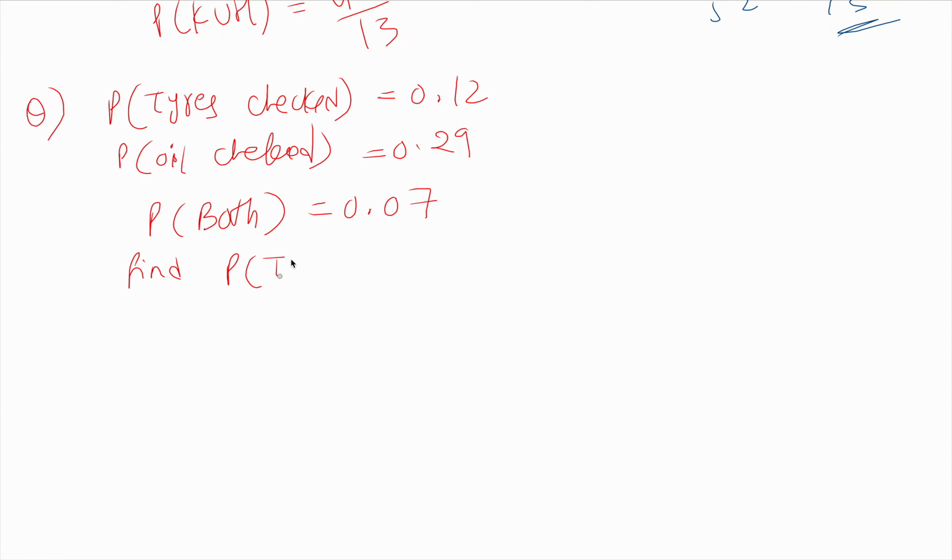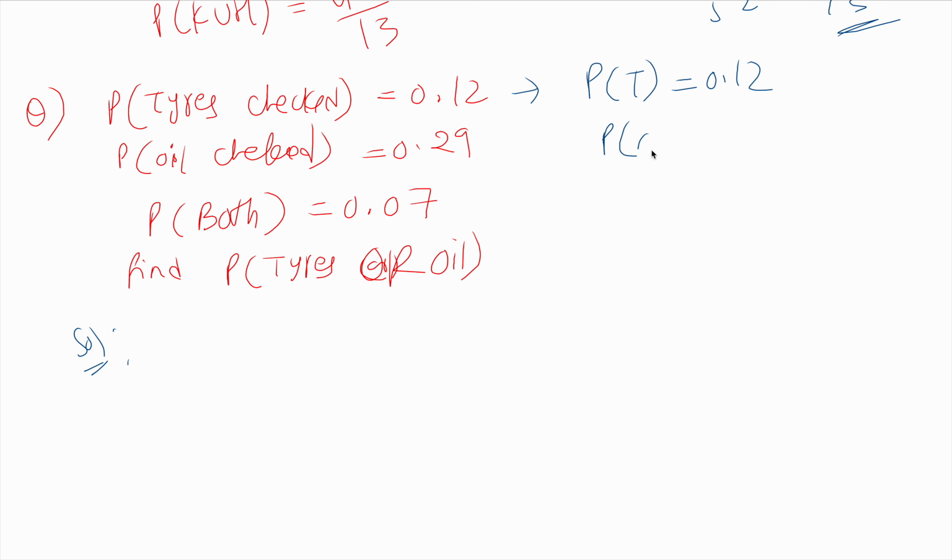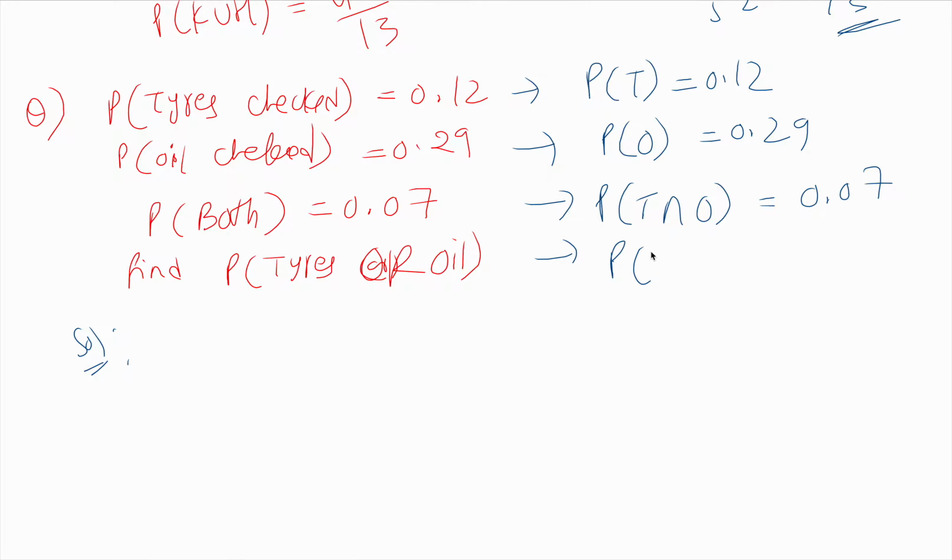Find the probability of tires or oil. Solution: they have already given all values. Probability of tire is 0.12, probability of oil check is 0.29, and probability of tire intersection oil, for both, is 0.07. They are asking for probability of tire union oil.